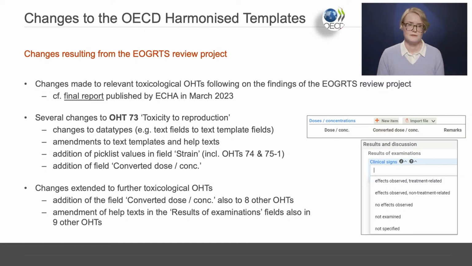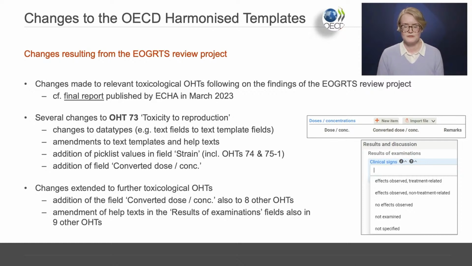These included data type changes, mainly moving from text fields to text template fields, to further guide the applicants in the expected contents, amendments to existing text templates and help texts, some additions to the pick list values in the field strain, and then the addition of a field for converted dose / concentration.